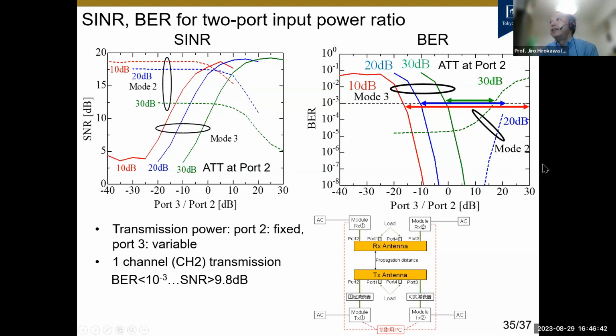So we can find the range of the interference level over the signal to realize a BER less than 0.001.